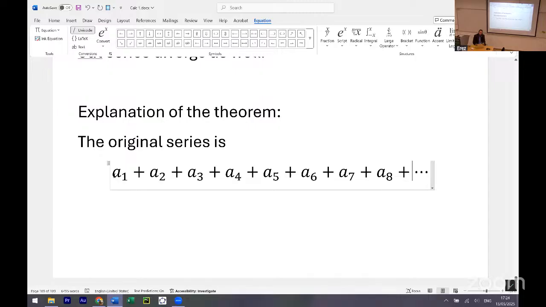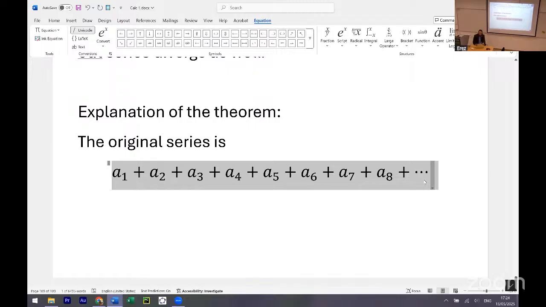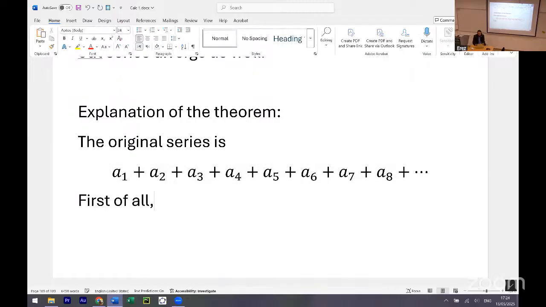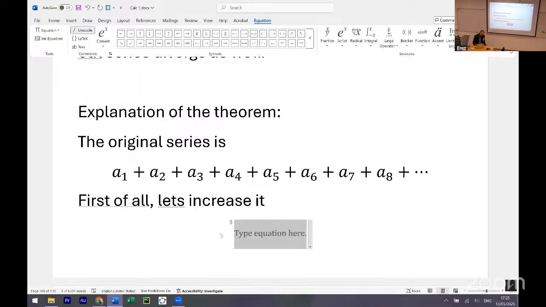So first of all, let's increase it. So how do we increase it? We need to remember that A_n is decreasing. So by replacing elements by elements before, we're increasing.